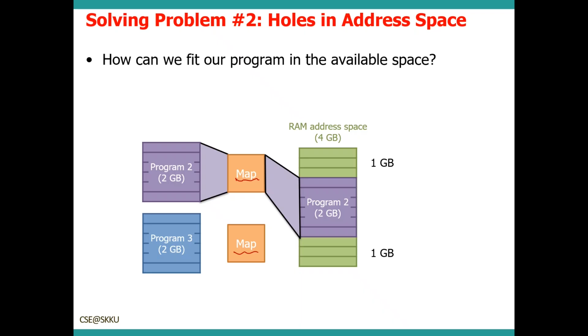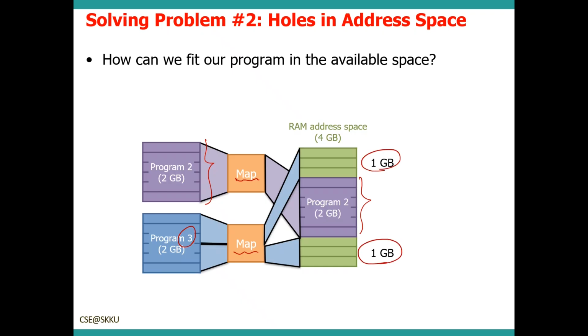So program 2, the logical virtual address space of program 2 is mapped to here. Okay. But program 3 memory is allocated from first 1 GB free space and second 1 GB free space by supporting the mapping technique.